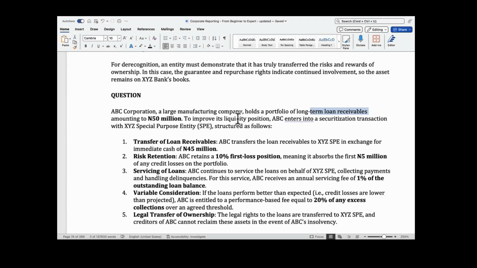To improve its liquidity position, ABC enters into a securitization transaction with SYZ special purpose entity structured as follows.